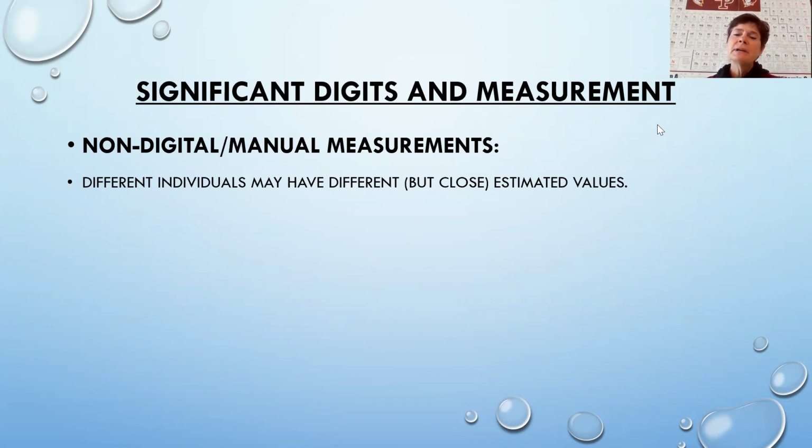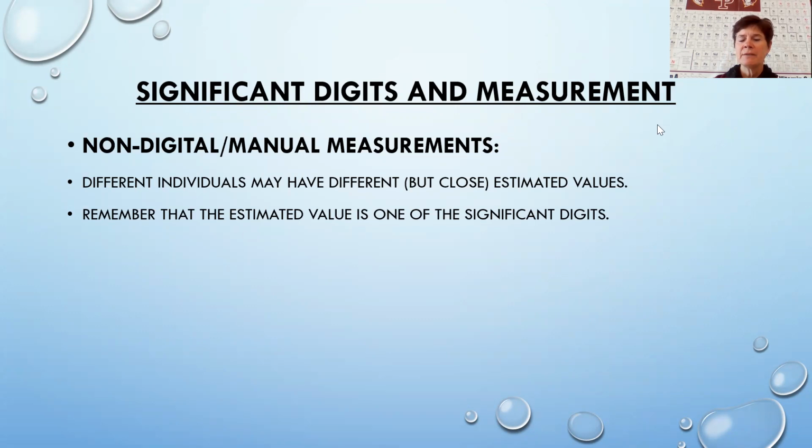Just a note, different individuals might have an estimate that is different, but it should be close. If I see a value that is 28.3 milliliters for my graduated cylinder, then very likely somebody else, if they're measuring it in the same way and carefully, should not see 28.9 milliliters.